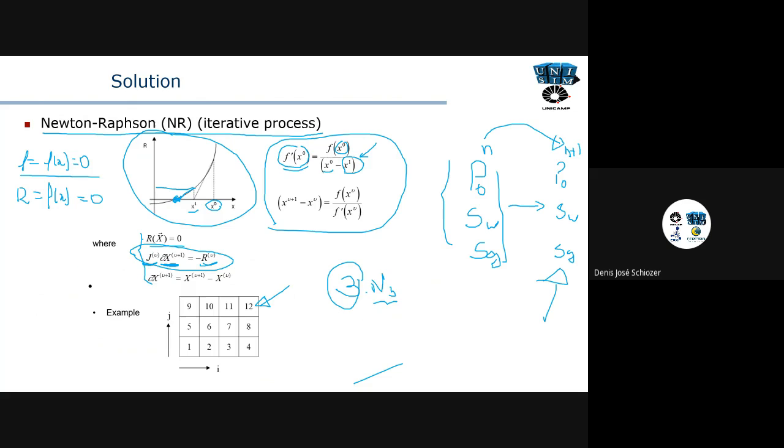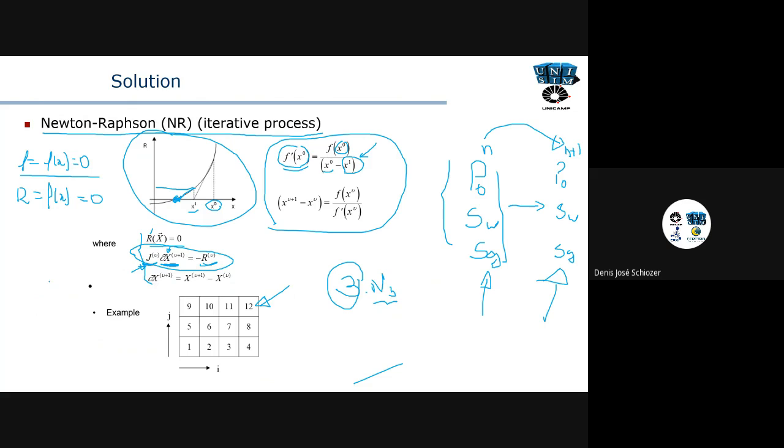And this is the nomenclature we're going to use from this point on. The R are the residuals, the X are unknown variables, in our case pressure and saturations, and J is our derivative matrix, which is called the Jacobian matrix, okay? Any questions?